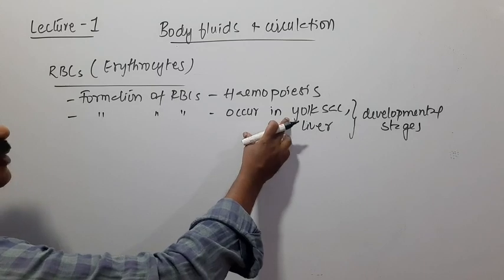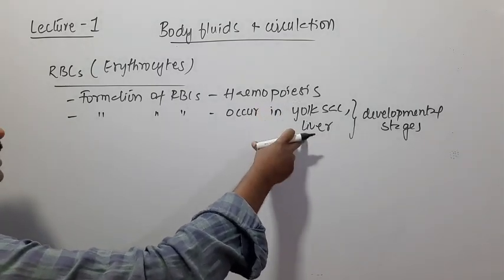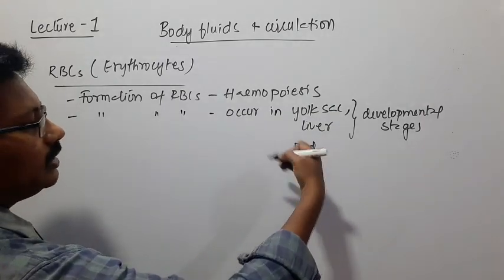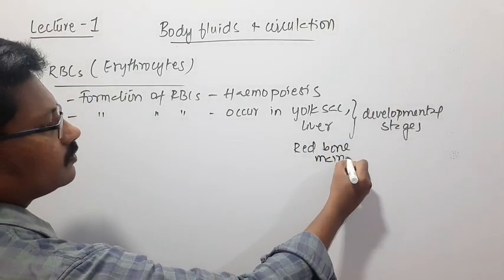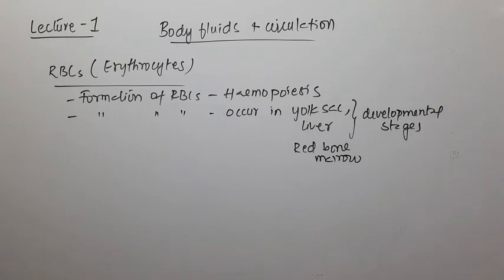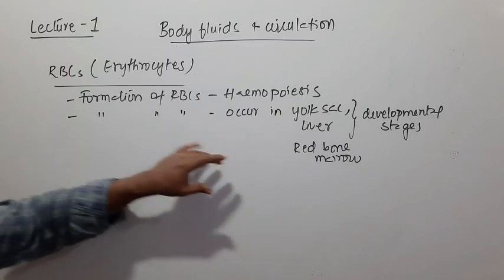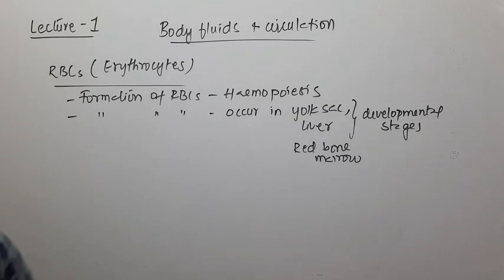In the first instance you will see the RBC production in the yolk sac, then liver, and then finally it occurs in red bone marrow. So it takes place in red bone marrow, which is a component of long bones, and in the ribs you will see this red bone marrow. So that will be the location of formation of RBCs.